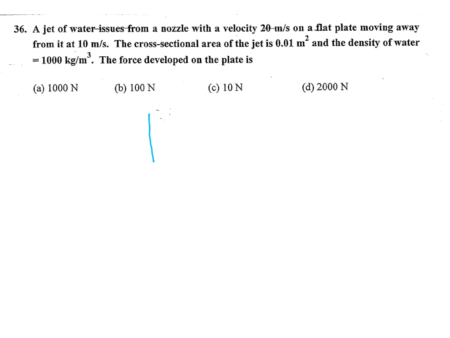This is the plate with initial velocity small u. This is final. Water jet is striking, so initially the relative velocity is v minus u. Finally also it's v minus u.